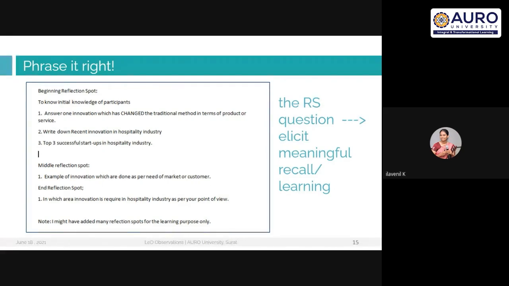Was it need based? Was it the accessibility? Was it the cost factor? You already have 3 or 4 options in your mind to say that this was a new idea and that was why this started up.